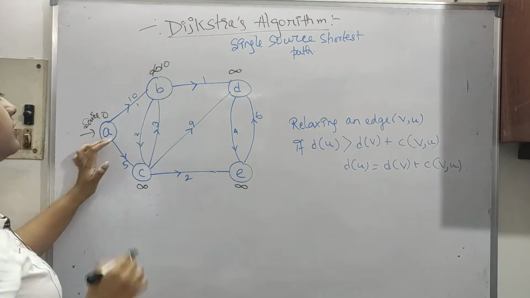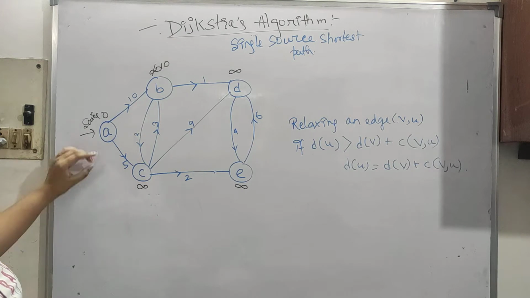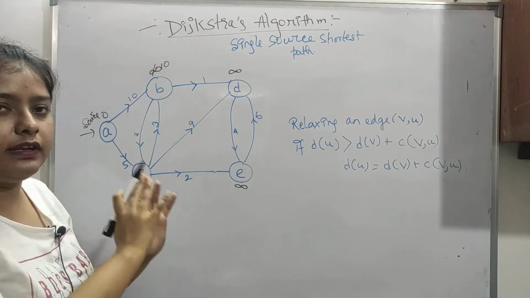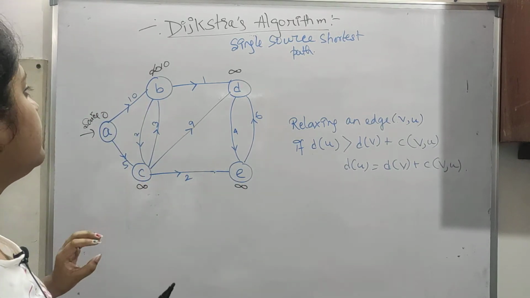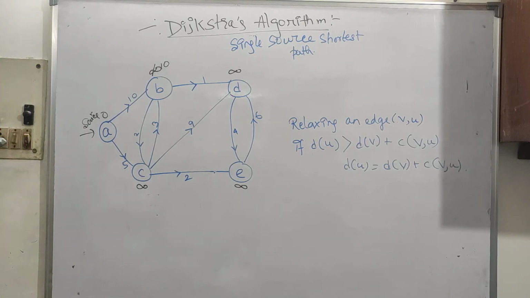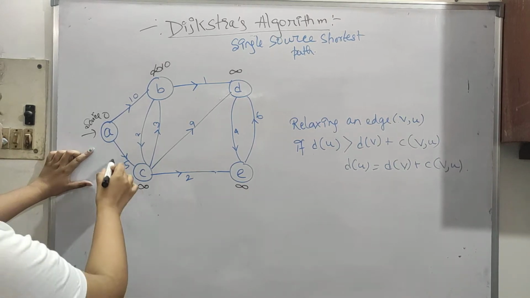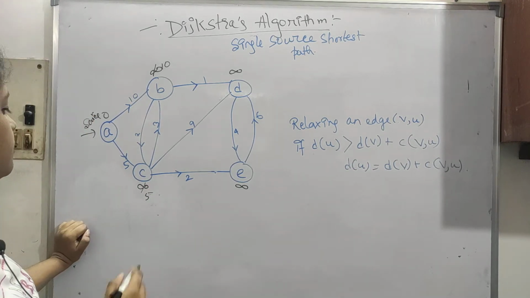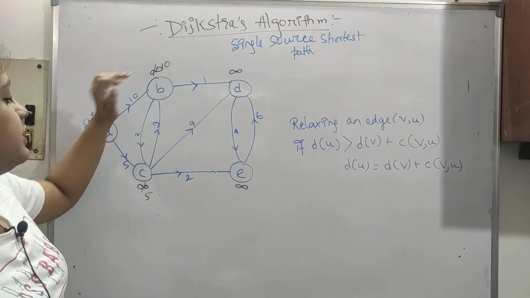This edge is taken, and we are relaxing the edge, decreasing from infinity to 10, since infinity is obviously greater than 10. Similarly from A to C there is a path of 5, which is less than infinity, so 5 is taken. Now A was done, so next are B and C.